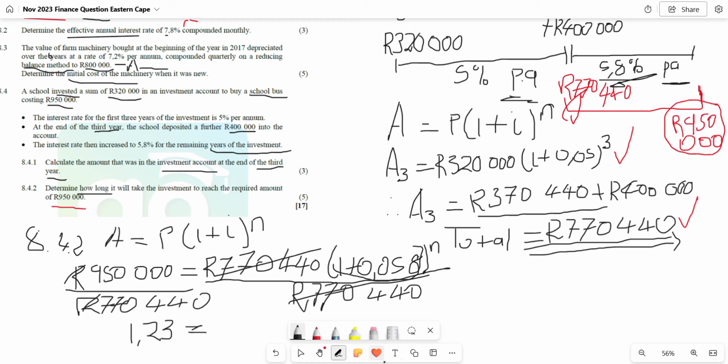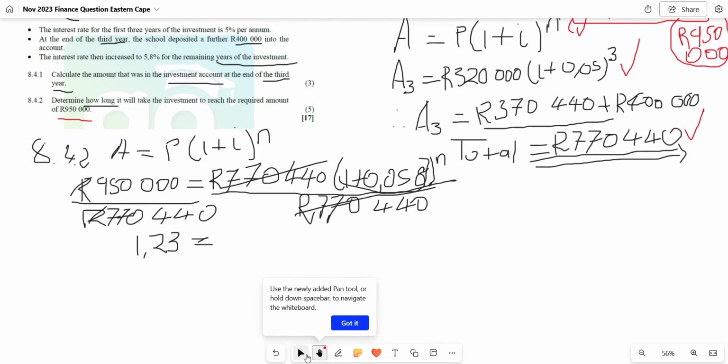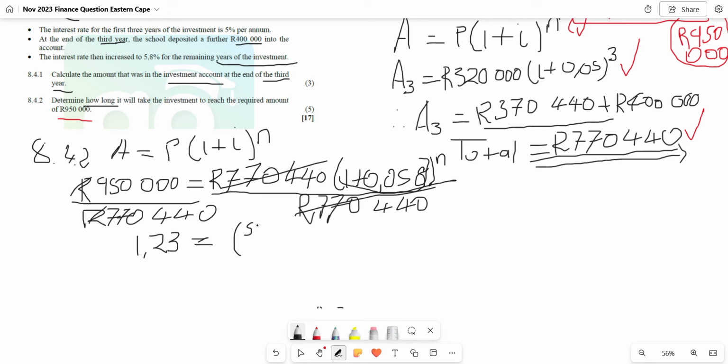This gives us, in bracket, 529 all over 500, all to the power of n.